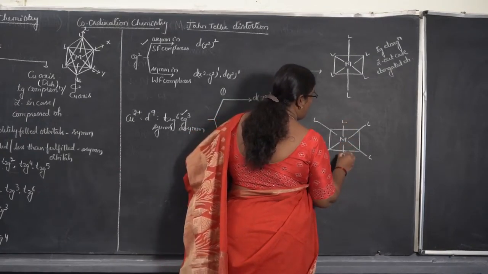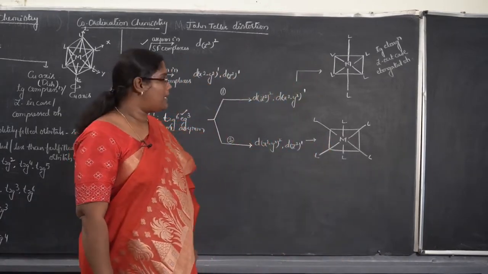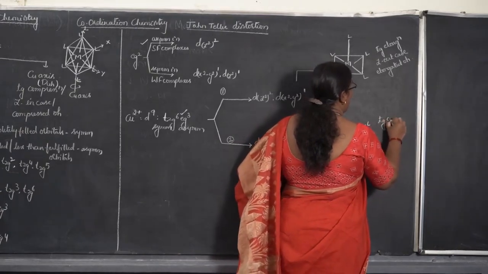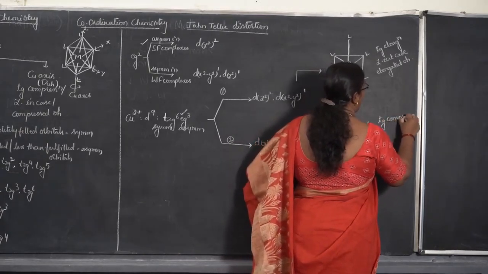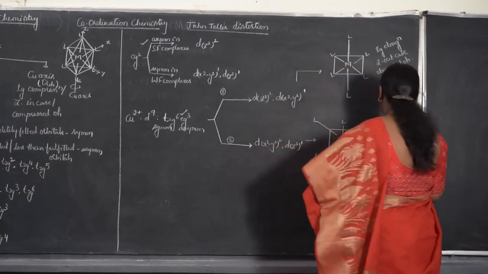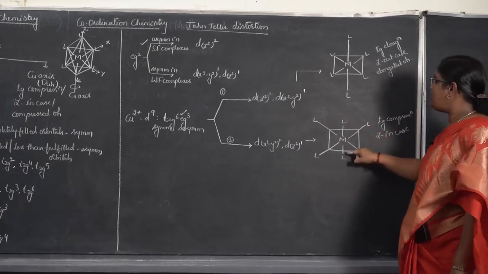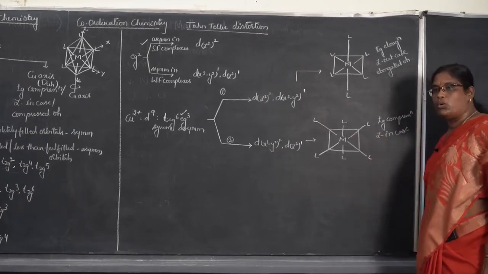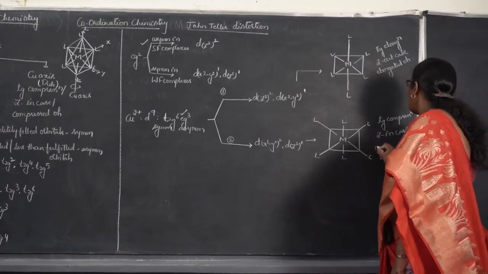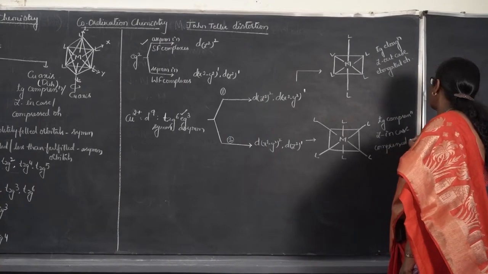The four ligands along the x and y axes move away from the metal, and this distortion we call tetragonal compression. And since the ligands along the z-axis are close to the metal, we call it the Z-in case, or we can call it the compressed octahedron.